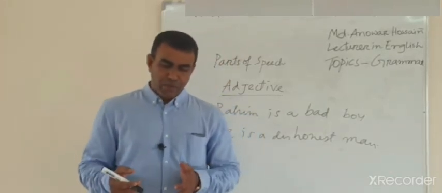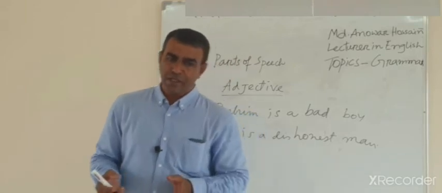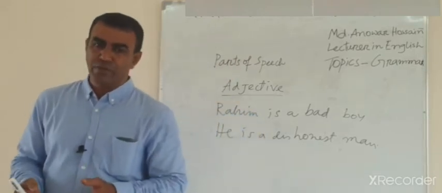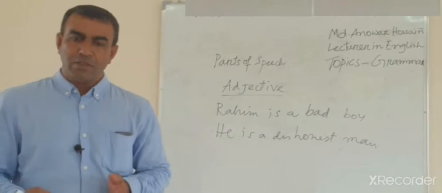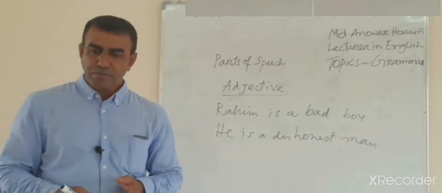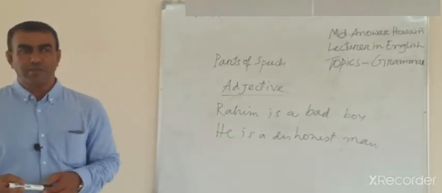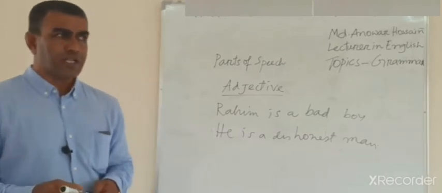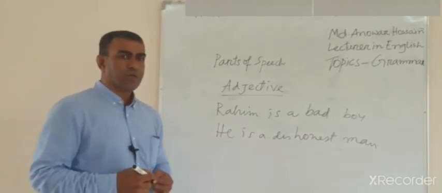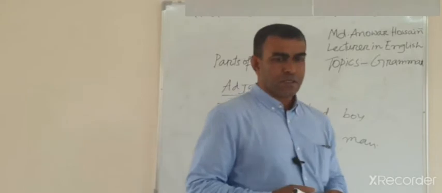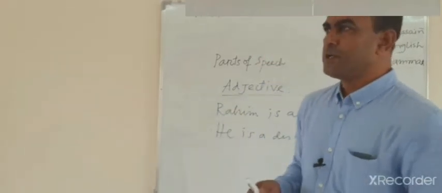Every sort of action we do is a verb. There are action verbs and non-action verbs, and so many classifications of verbs. We will discuss these classifications in the next classes.